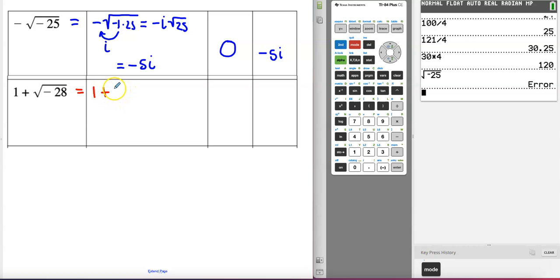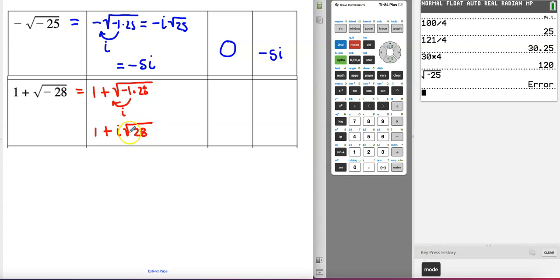Now, the negative 28 can be rewritten as negative 1 times 28, or the square root of negative 1 times 28. I get rid of that negative 1 by pulling the i out. When you pull the i out, now you're left with 1 plus i times the square root of 28.